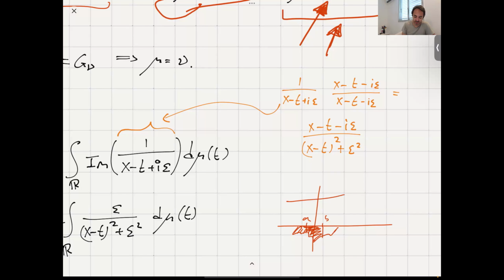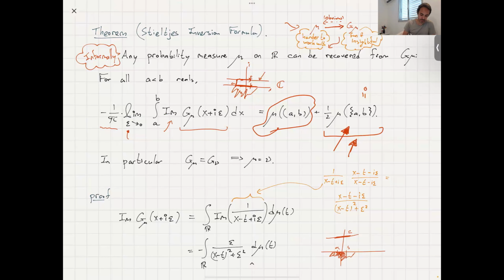What you do is you take a small epsilon and integrate your Cauchy transform, or rather its imaginary part, on this line. The closer and closer you get to the real line, the better your approximation, and in the limit you actually get the measure with no error, up to this bit.